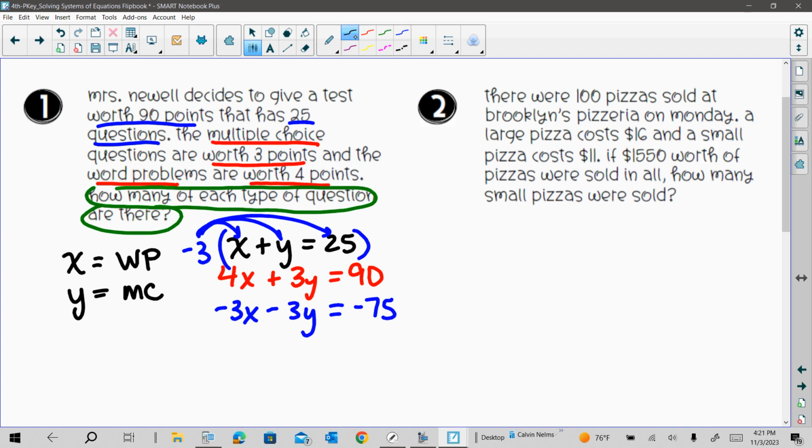And now I can eliminate the y's by adding them together, because this now becomes 0. They're gone. And I'm going to add everything else. So 4x plus the -3x is just going to leave me x. 90 plus the -75 is going to leave me 15. So this lets me know my x equals 15. So there's 15 word problems.